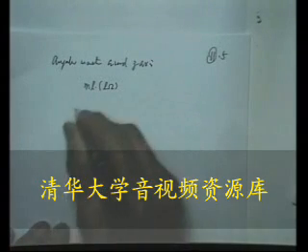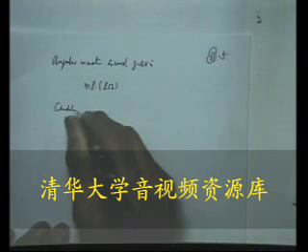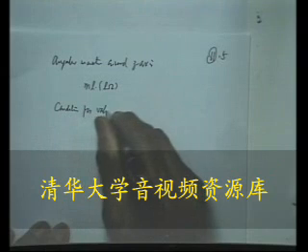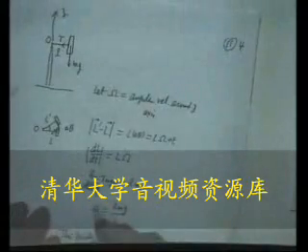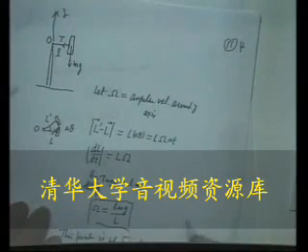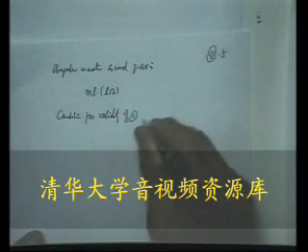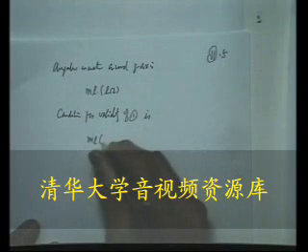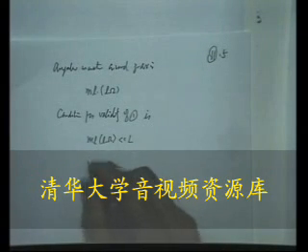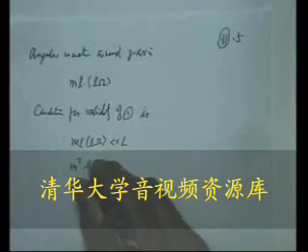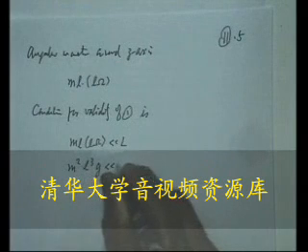So the condition for validity of the formula is that mL times L omega is much less than L. If you write this formula down, it becomes m squared L cubed g has to be much less than L squared.